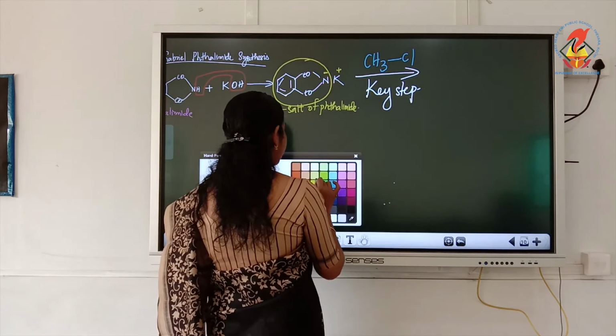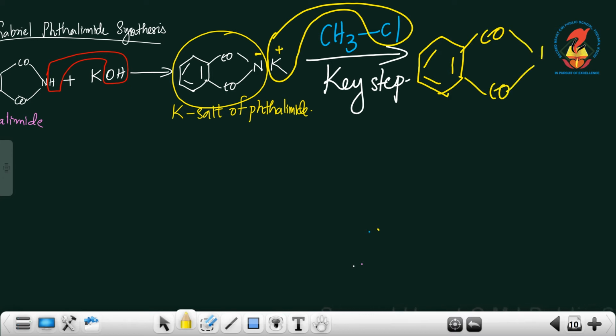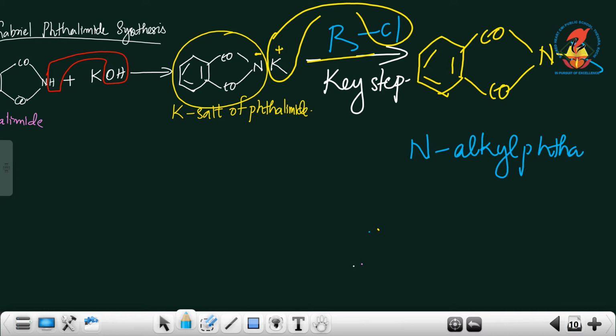Now from this it is very simple. K and Cl, what will be eliminated? KCl. And we are getting here the benzene ring, no change, CO no change, NK will become NCH3, or generally with RCl, an alkyl group. So it is N-alkyl phthalimide.